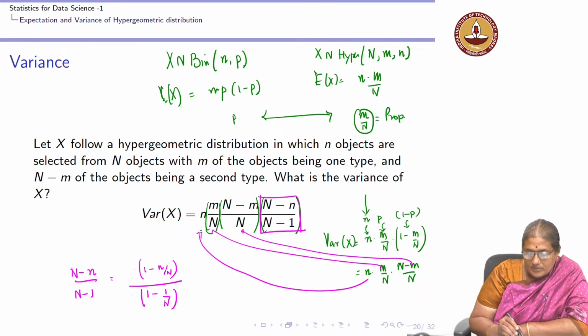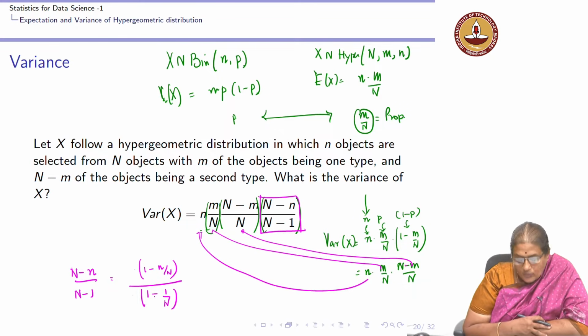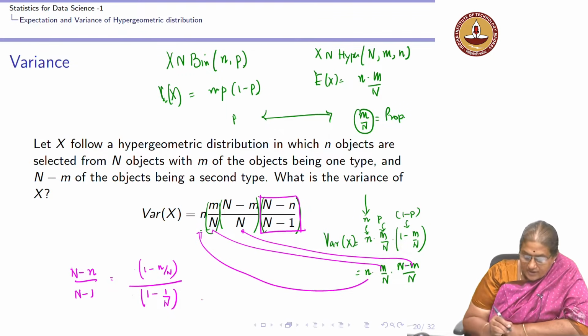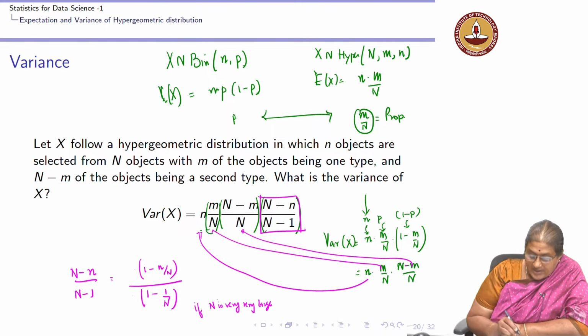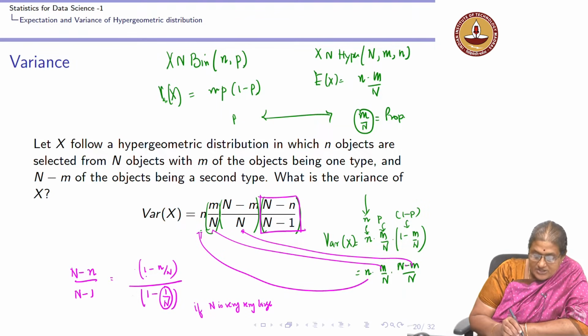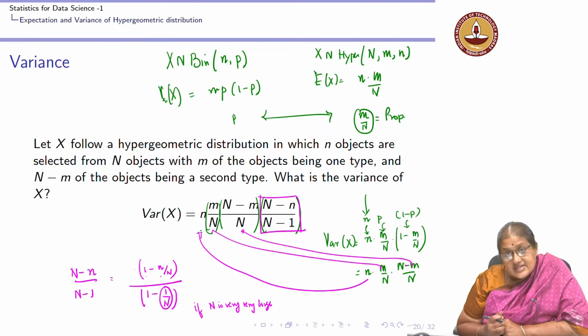So, I have 1 minus n by N divided by 1 minus 1 by N. Now, if N is very, very large, or as N tends to infinity, I know that this term goes to 0 and this would just remain as 1 minus n by N.